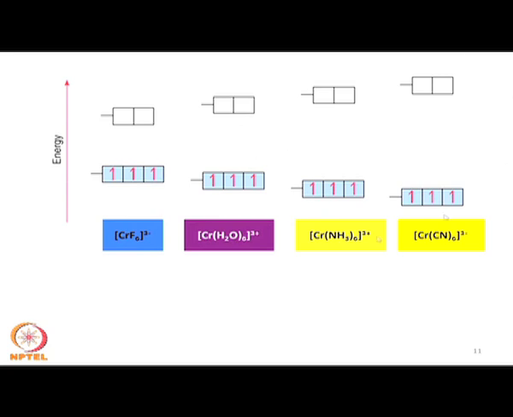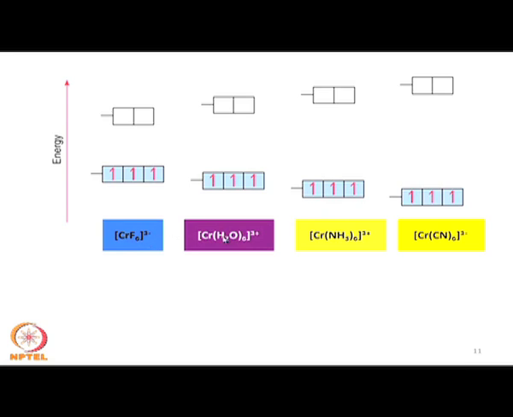We all now know, without looking at the detailed diagram for the crystal field splitting, we can rightly say very easily that CrF6 3 minus would be less than Cr(H2O)6 3 plus, would be less than Cr(NH3)6 3 plus, which would again be less than Cr(CN)6 3 minus, because we all know that the fluoride anion is on the left hand side of the spectrochemical series and it is in the range of weak field type.